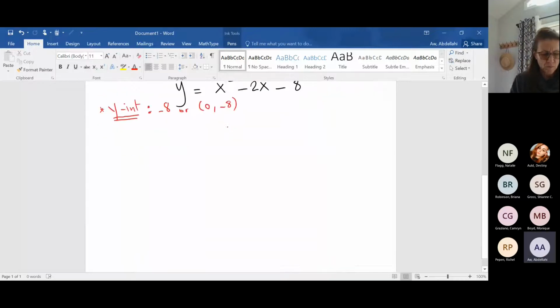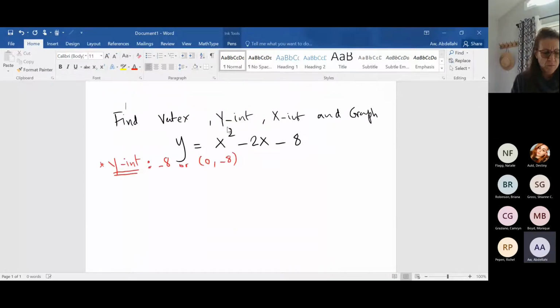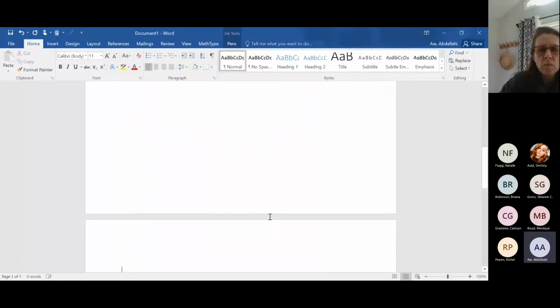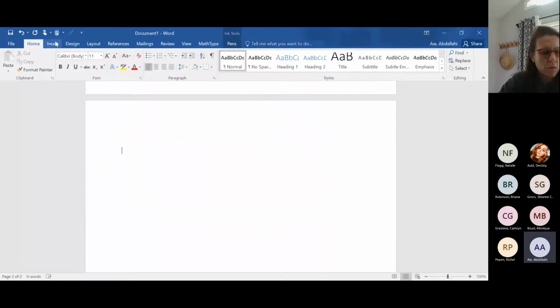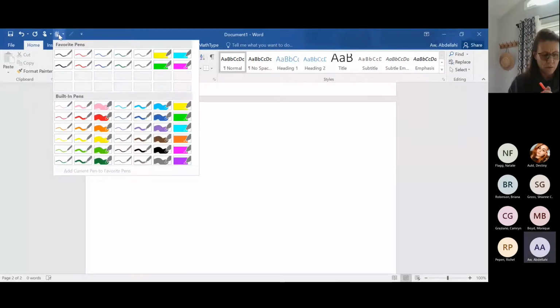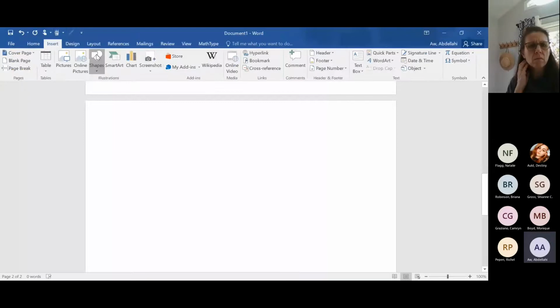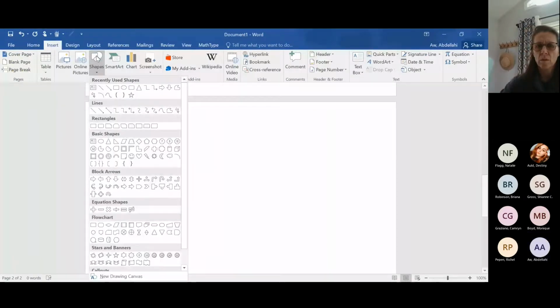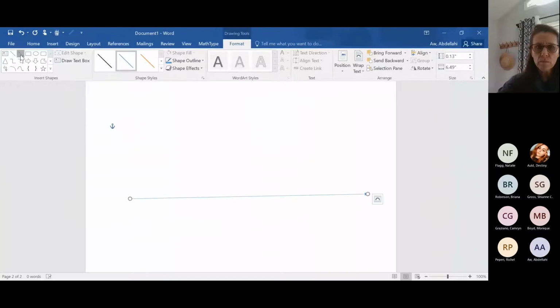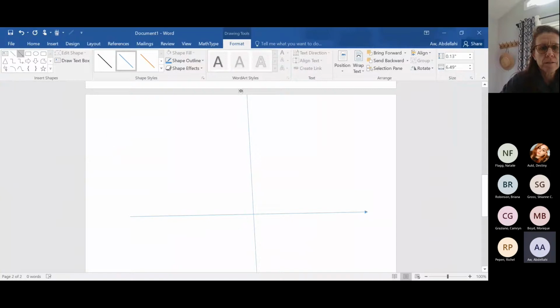That is the y-intercept. Every time I get a point, I'm going to graph it right here. So I insert some axes: x-axis, y-axis.